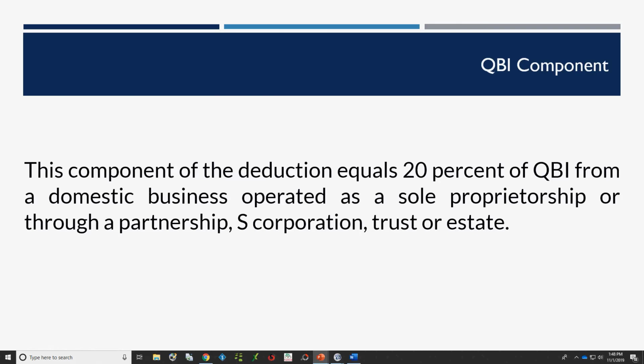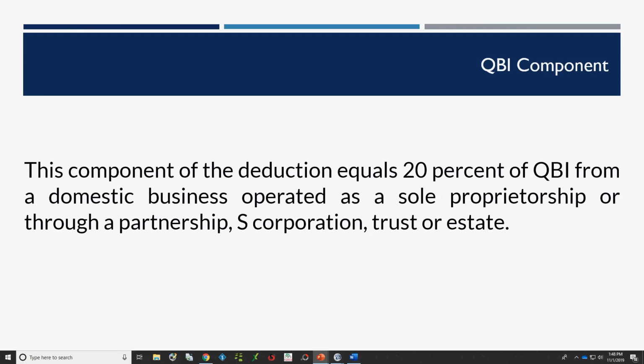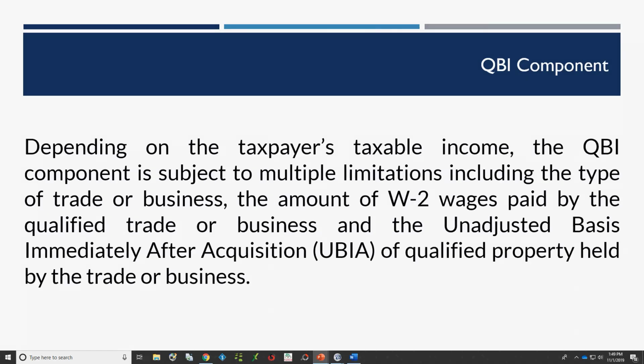There are two components to this. There's a QBI component, and then there is a REIT component, and I'll show you both of those. QBI, this component of the deduction equals 20% of the QBI from a domestic business operated as a sole proprietorship, partnership, S corp, or a trust or estate.